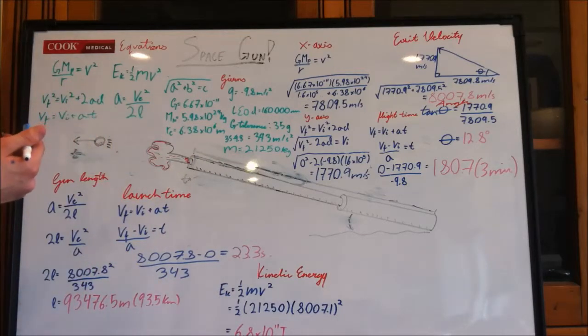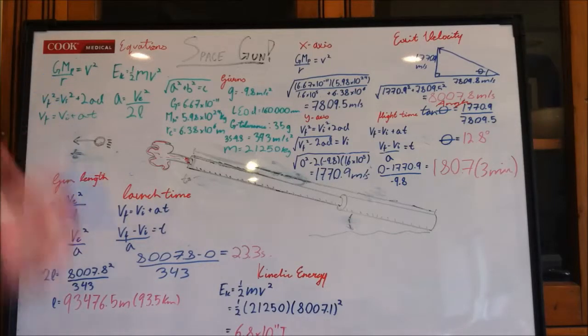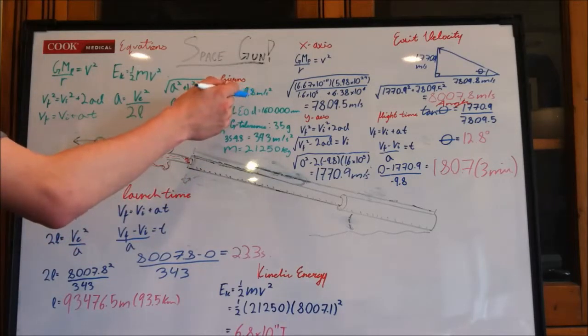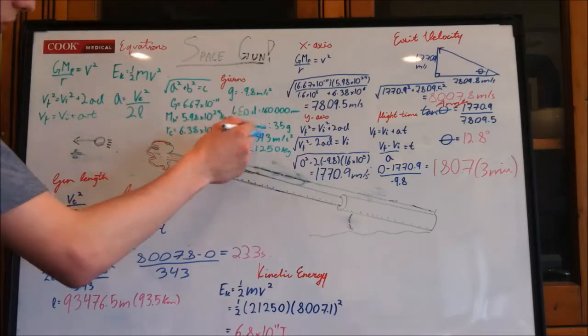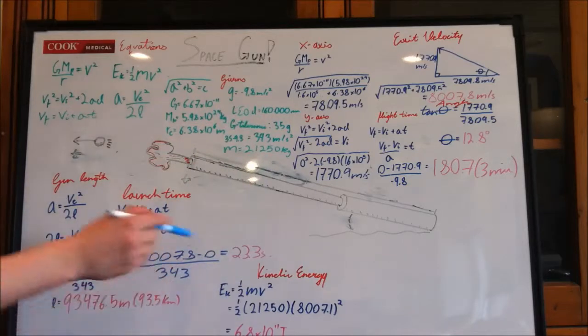We're also going to be looking at human G tolerance, which depends how you're sitting and the health of the individual, but we'll make the assumption that it's 35 Gs, which of course times the acceleration due to gravity is going to be 343 meters per second squared.